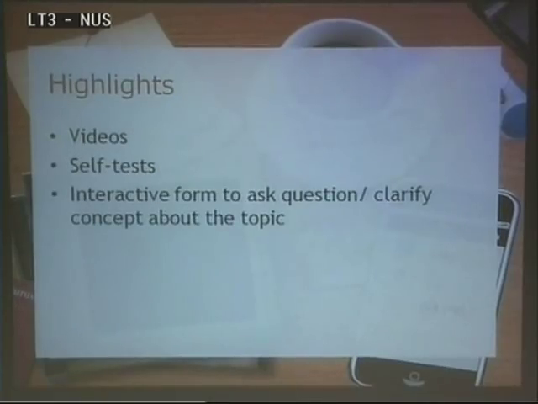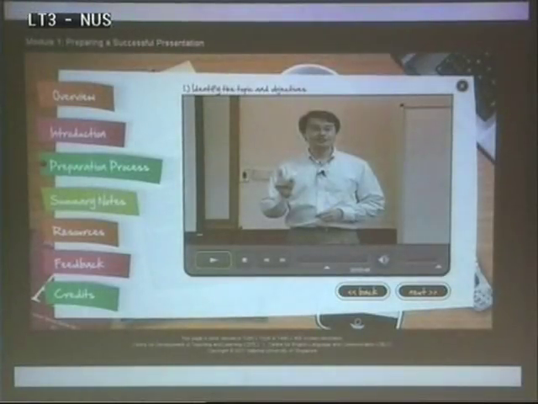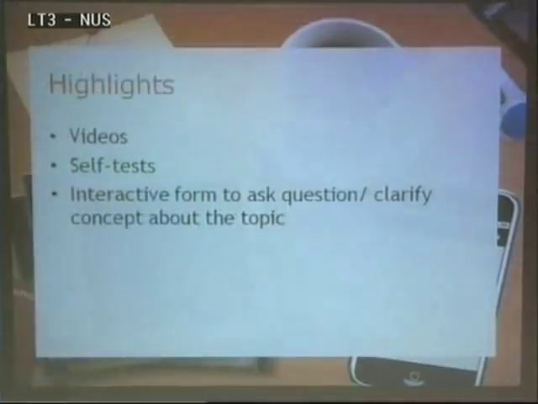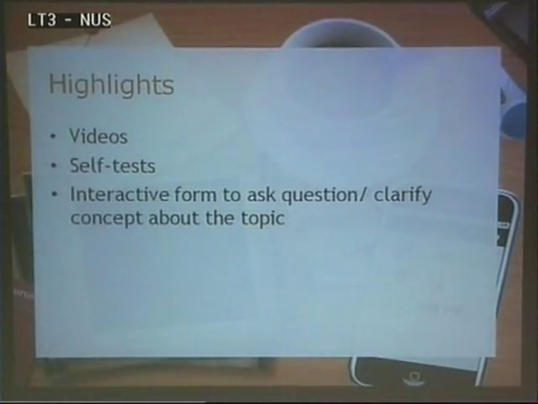Some of the highlights of this project would have videos that would discuss the four processes in terms of preparing your presentation. You will also have self-tests to practice your learning.